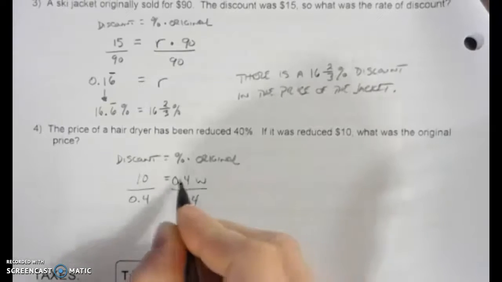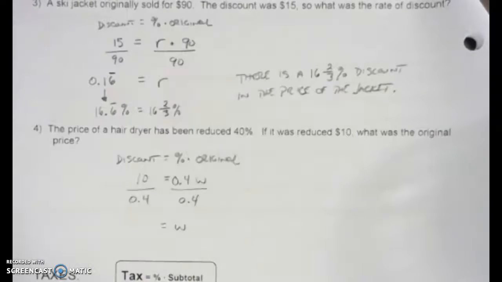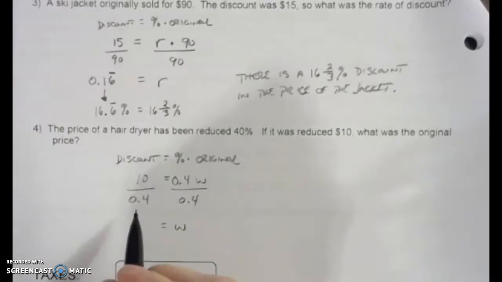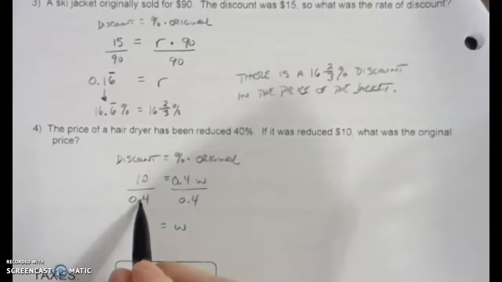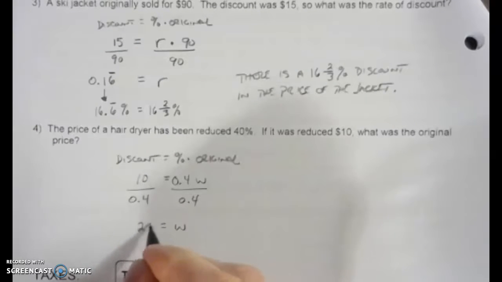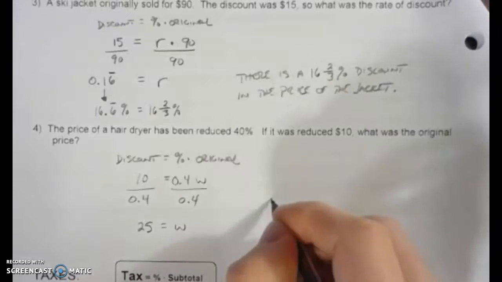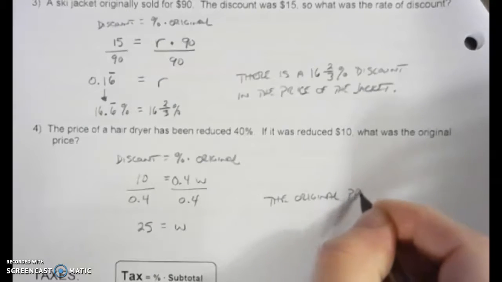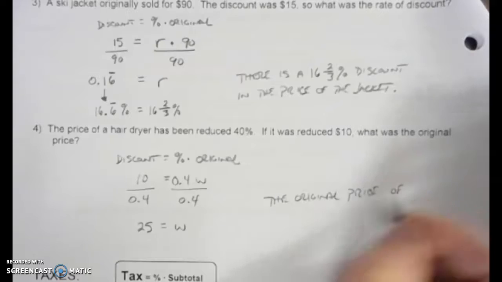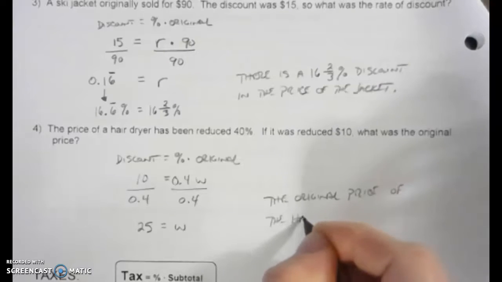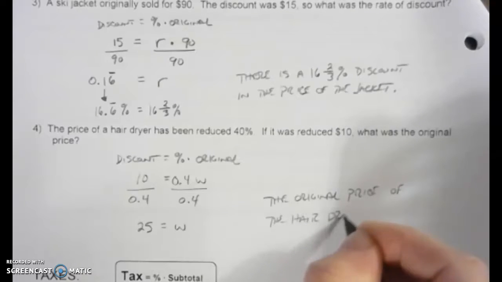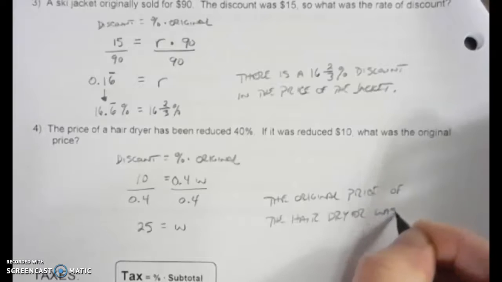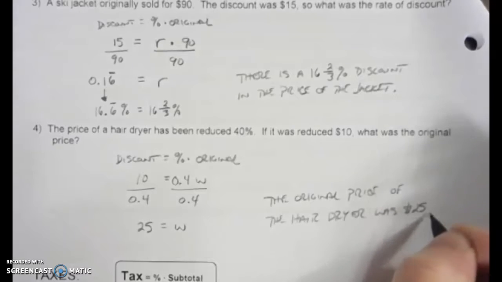On the right, 4/10 W divided by 4/10 is just W. On the left, when you punch this into your calculator, 10 divided by 4/10 is equal to 25. And so we can say that the original price of the hairdryer was $25.